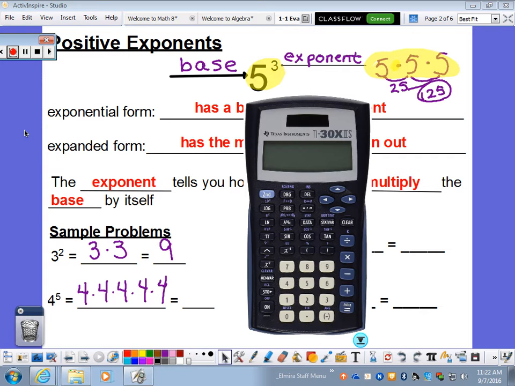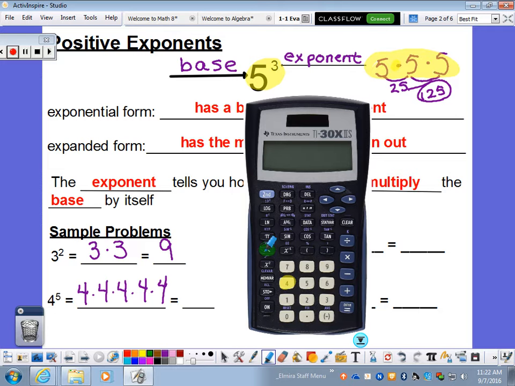Now on a calculator, you could just type in the 4 times 4 times 4 times 4. I've already lost track myself how many times I typed it in. The easier thing to do is type in the 4, and then there's a key over here. That's the caret key. Now if you're not using our calculator that we use in school, you have a cell phone calculator or a different calculator, look for this thing that looks like an up arrow without the stem.